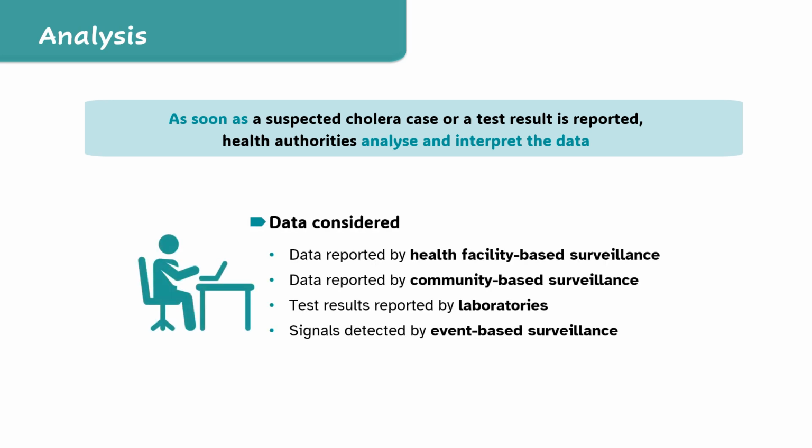The surveillance data considered in the analysis are the suspected cholera cases reported by health facility-based surveillance and community-based surveillance, any cholera test results, as well as any cholera signal detected by event-based surveillance.